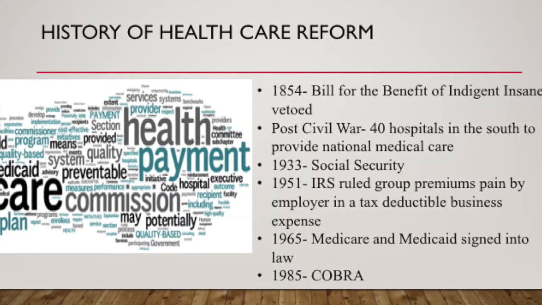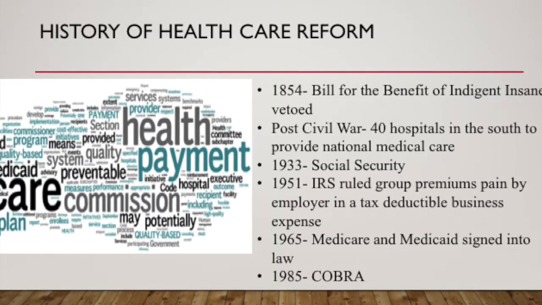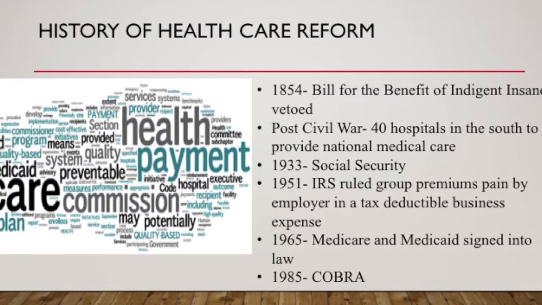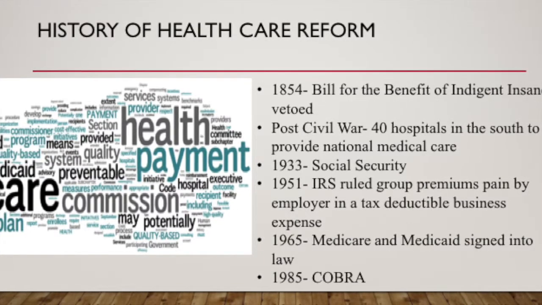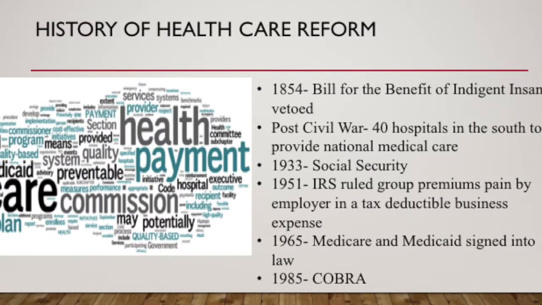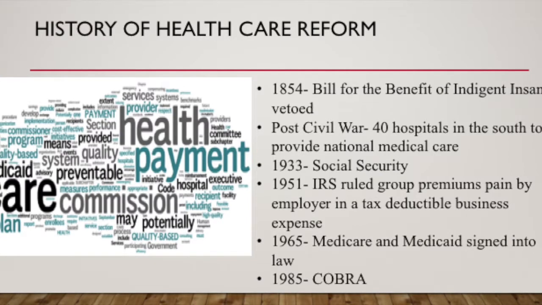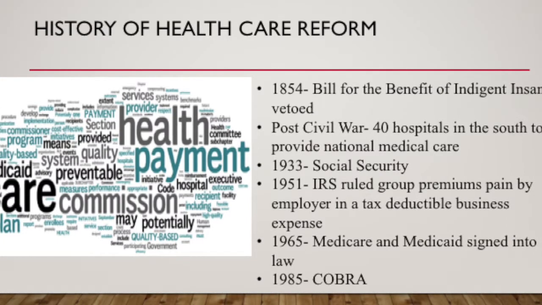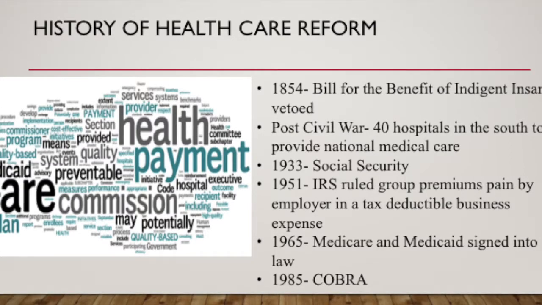In the 1970s, there were 5 proposals for national health insurance that failed. In 1985, COBRA, the Consolidated Omnibus Budget Reconciliation Act, amended the Employment Retirement Income Security Act of 1974 to give some employees the ability to continue health insurance coverage after leaving employment.